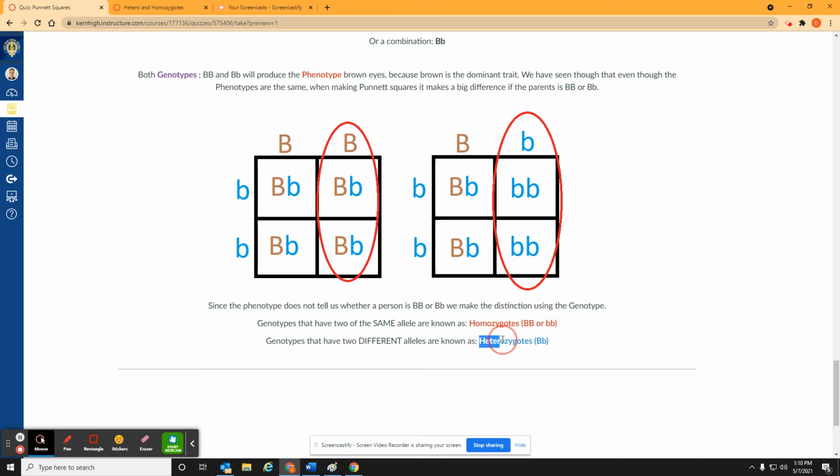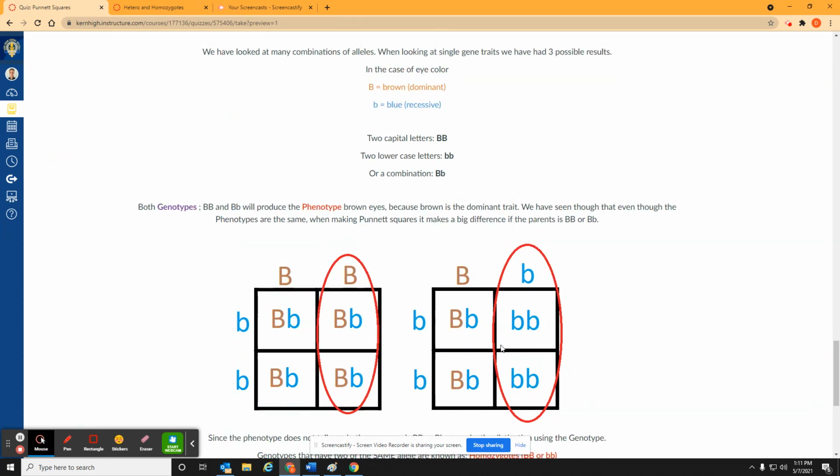That word hetero means different, right? Heterozygotes have two different alleles. So you got to watch this. This can get confusing because when it comes to homo and heterozygote, big B, double capital, two lowercase b's are a group. And the combo, capital lowercase, is the outlier.